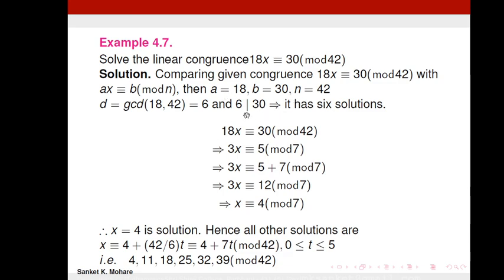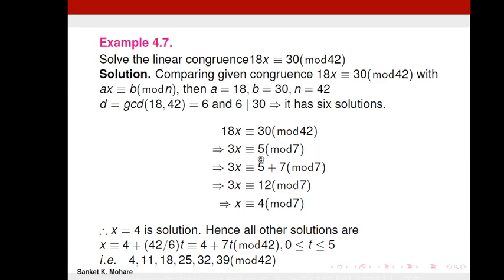Now first we find particular solution. 18x is congruent to 30 modulo 42. This implies 3x is congruent to 5 modulo 7, dividing by 6. So now here 3 does not divide 5.